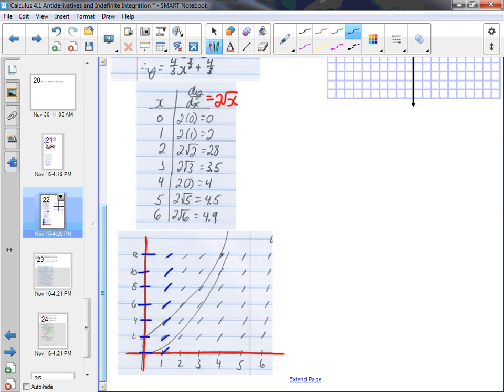And then it starts getting nasty. Because when x equals 2, all the slopes are going to be 2 times the square root of 2, which is a little bit less than 3. So I wanted them a little bit steeper. And then you can see what I did for the rest of them. And look, you're just estimating. Estimating is the best you can do here.